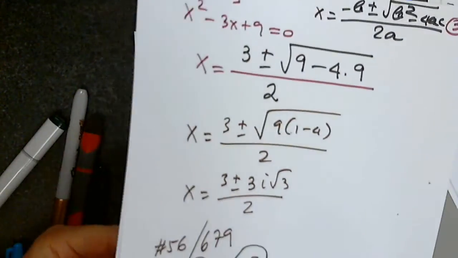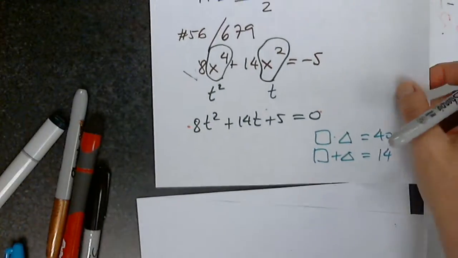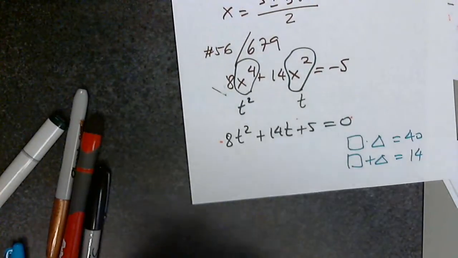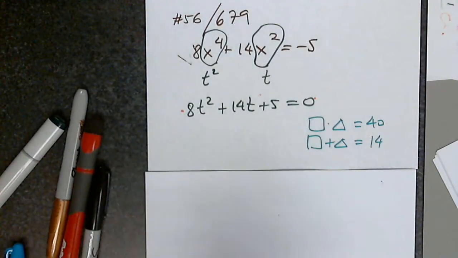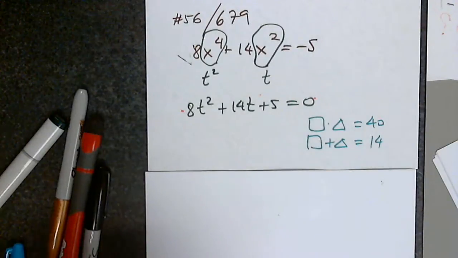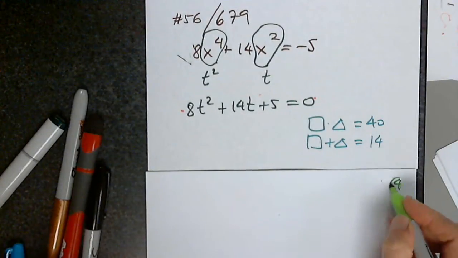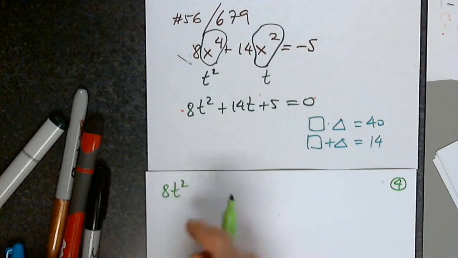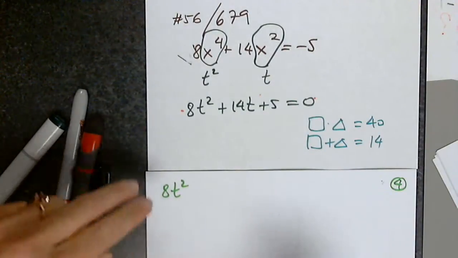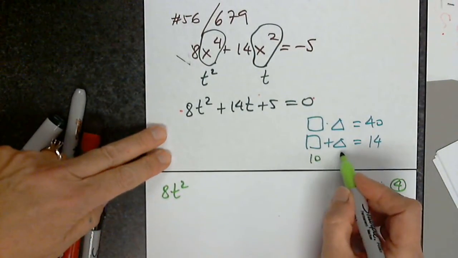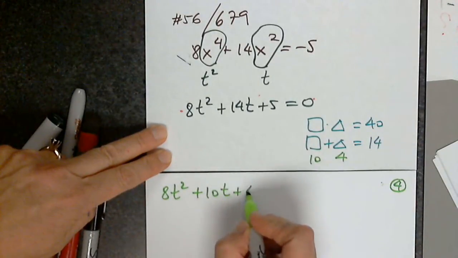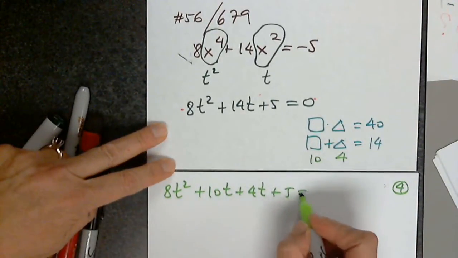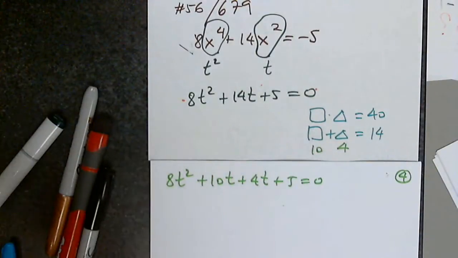It's not a big number, and I can easily figure it out. But remember, the numbers we come up with right now will not give us the factored form. They will give us just an intermediate step. So what is the intermediate step? Yes, very good: 8t squared plus 10t plus 4t plus 5 equals 0. Excellent.